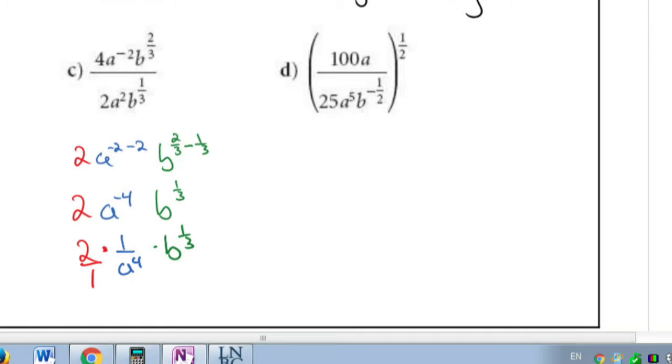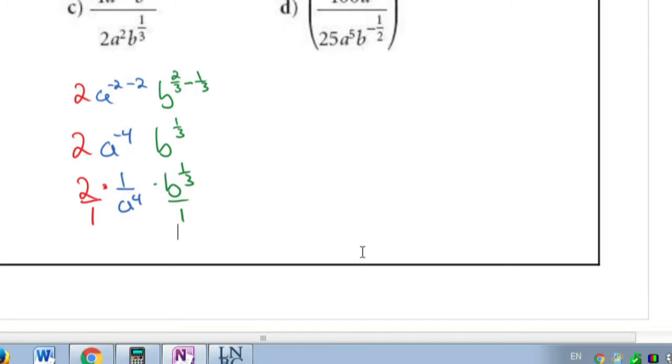To just make this a little bit prettier, I'm going to think about it like this: 2 over 1 times 1 over a to the 4 times b to the third over 1. Multiply my tops. You get 2 b to the 1/3 divided by a to the power of 4.